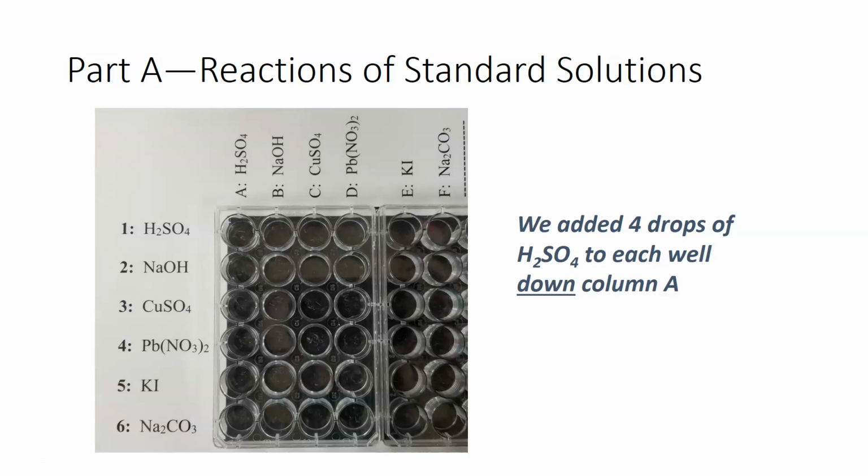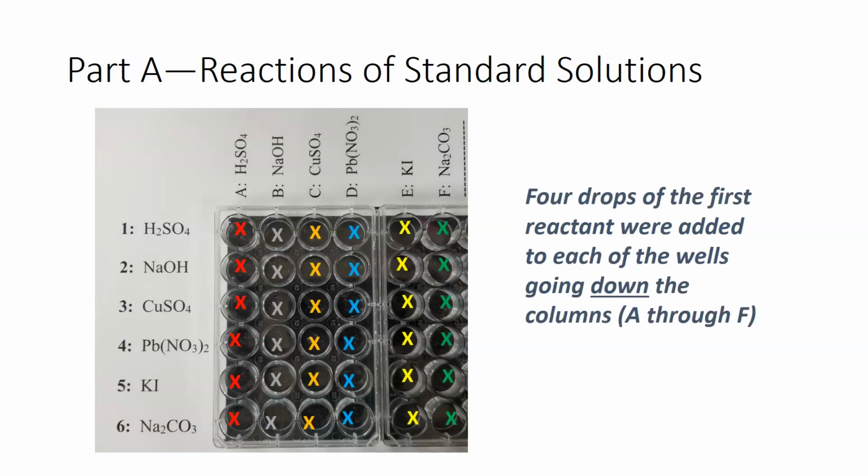First, we started with the columns and we added sulfuric acid in column A to each of the 6 wells going down column A, as you can see with the red X's here. We moved to the next columns here and followed along by adding each reagent that's listed on the top. For columns A through F, we added 4 drops of that reagent to all of the wells going down.